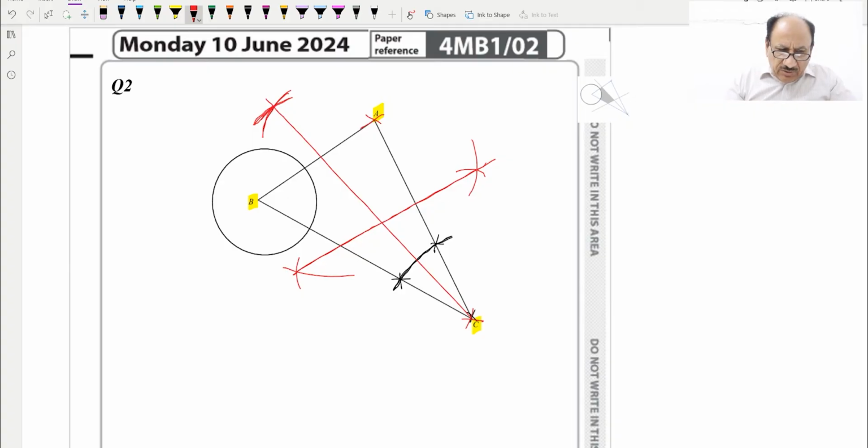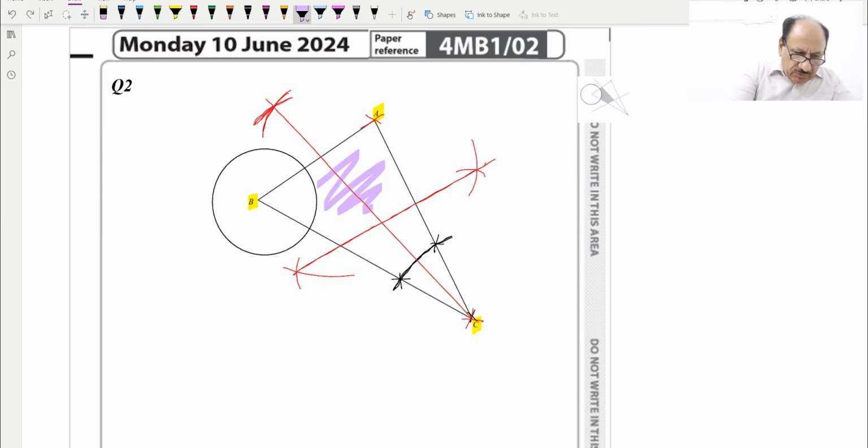Then for the D part, they are saying the region R consists of all the points inside the triangle. Points should be inside the triangle that are closer to A than C. So it should be in this area and not in this area.